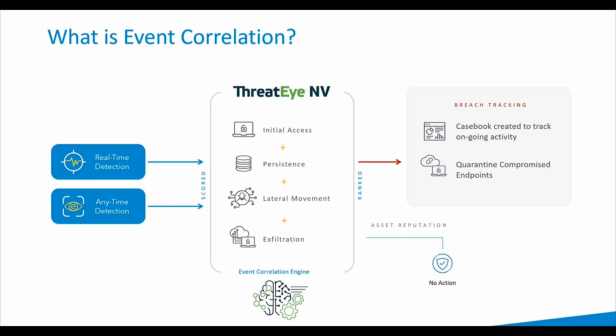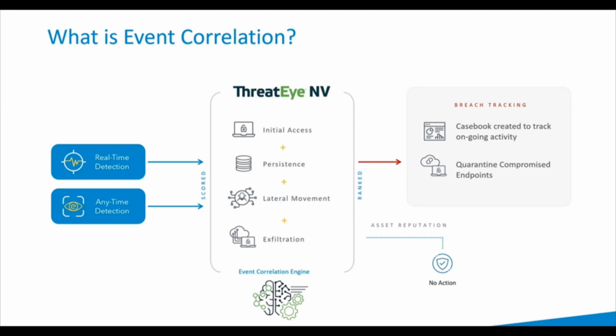Now, once a finding is scored and ranked, we then have another system that works above that and links different findings together. So if you have an initial access finding, say the phishing alert popped up, it's been validated. Well, what happened after phishing? Or did anything ever happen after phishing?